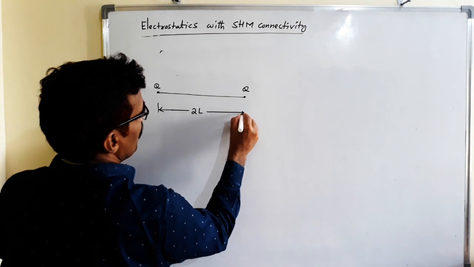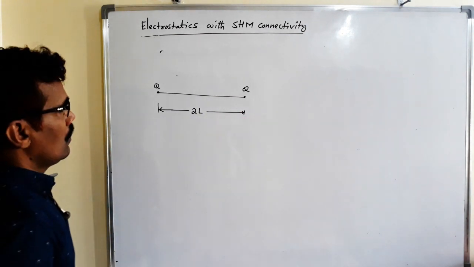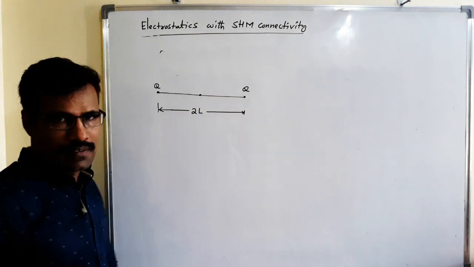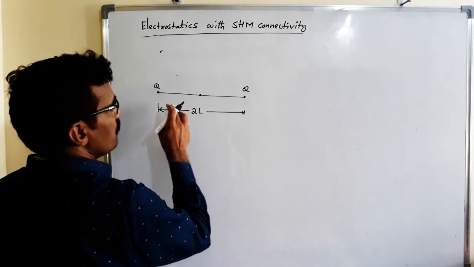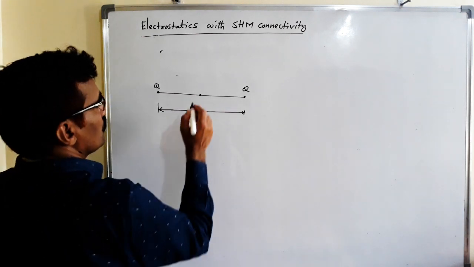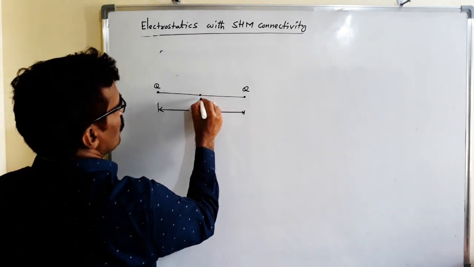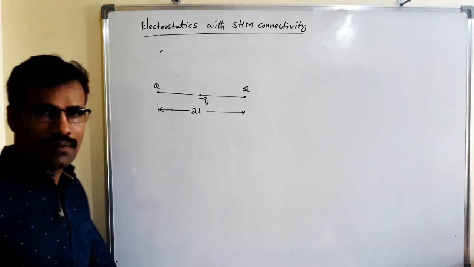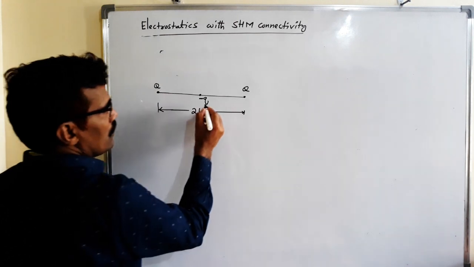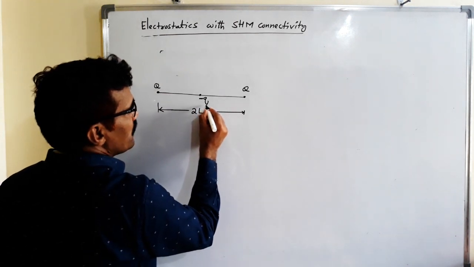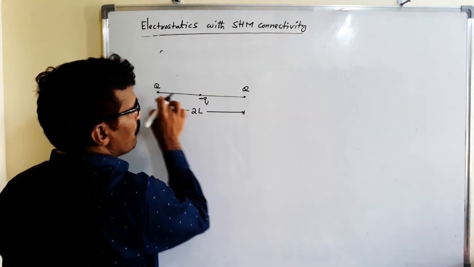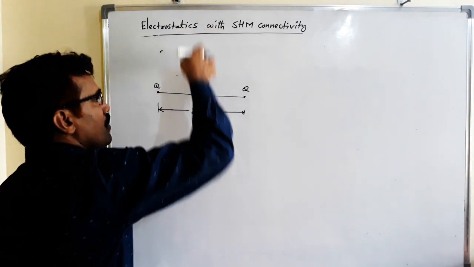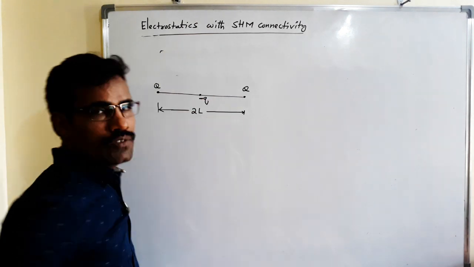A point negative charge, minus Q, is placed midway between them, and the minus Q is displaced slightly perpendicular to the line joining the fixed charges, like this.